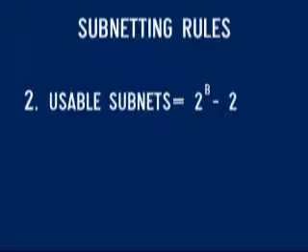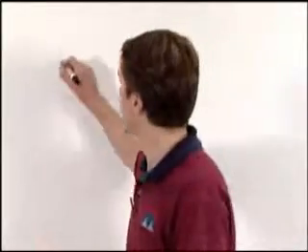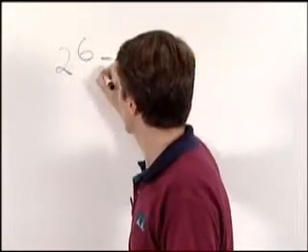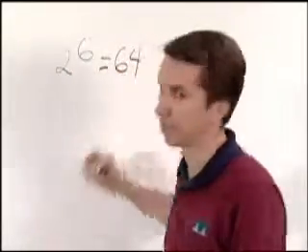The second rule of subnetting tells us that if we raise 2 to the power of the number of bits we borrowed and then subtract 2, this gives us the number of usable subnets. We just determined that we need to borrow 6 bits for our scenario. Using the second rule of subnetting, we raise 2 to the power of 6 to get 64 total subnets.